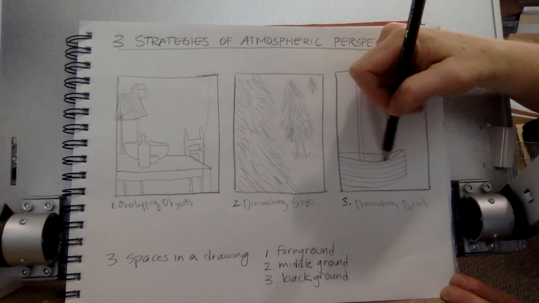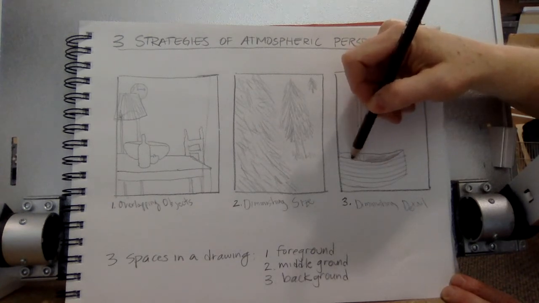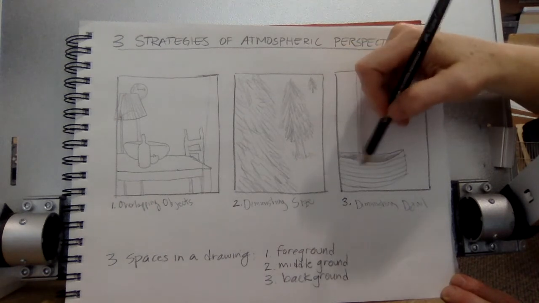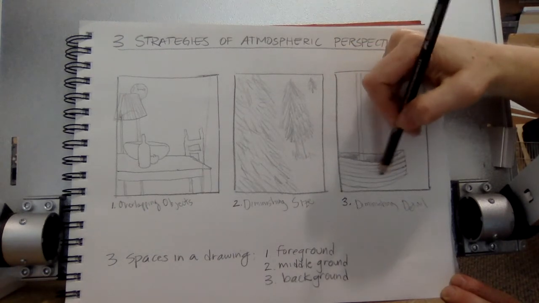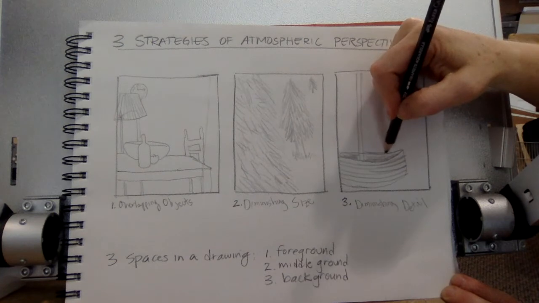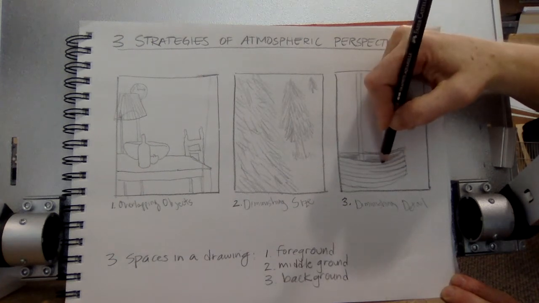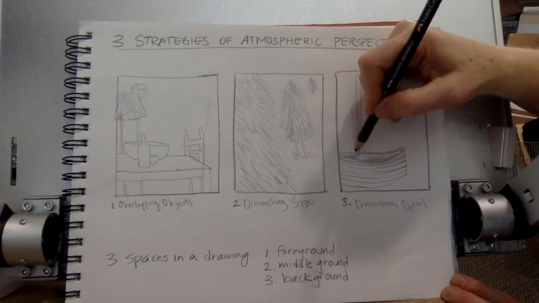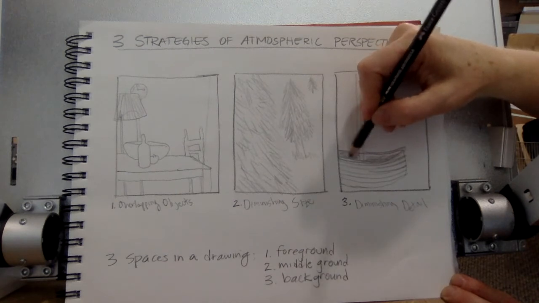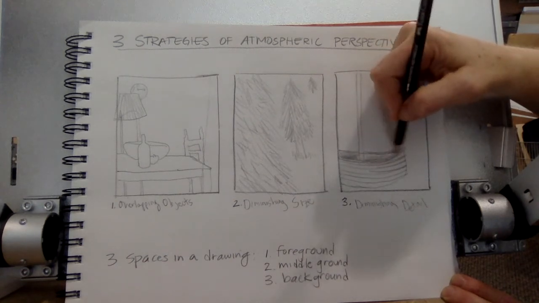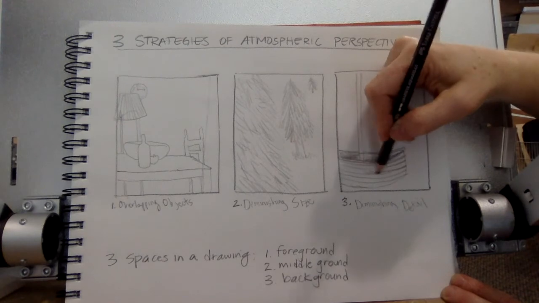You're going to see more contrast in terms of value. You're going to see even like textures. I sort of think of it as the nearsighted strategy for atmospheric perspective. Everything that's closer up to you, you can see more detail. You can see it better.